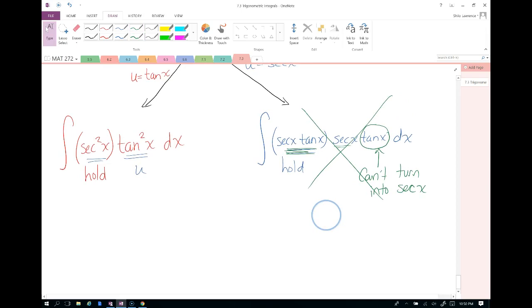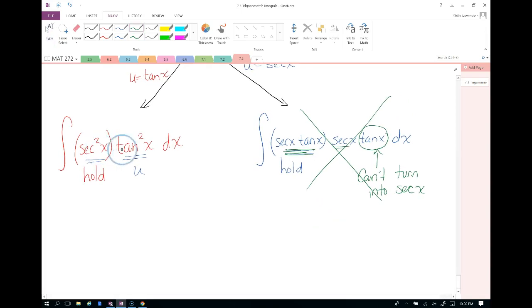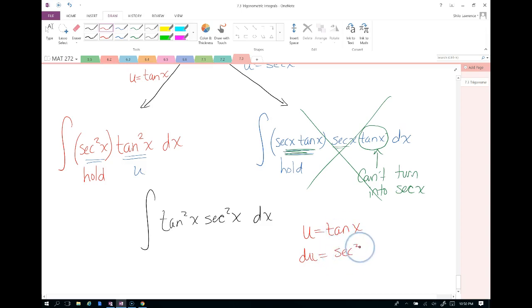So our only option here is to hold on to a secant squared and do a u substitution for the tangent. So that's how we're going to work it. I'm going to say that for the integral of tan squared secant squared, I'm going to do a u substitution for the tangent, and then du is the derivative for tangent, which is secant squared.